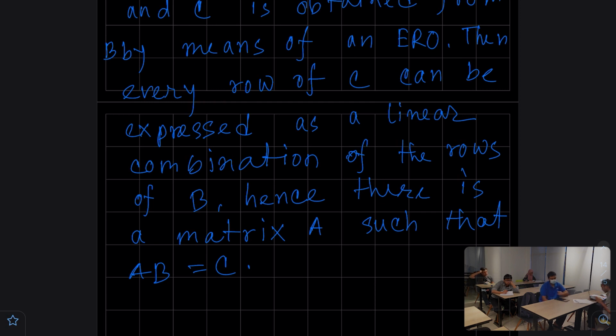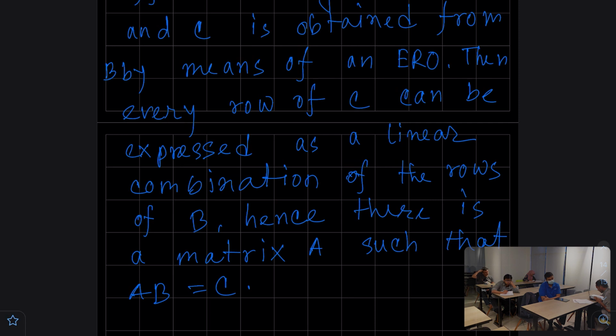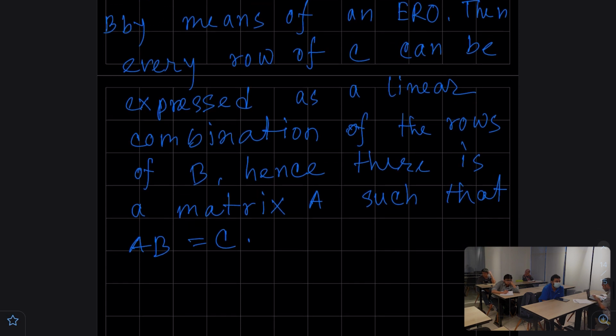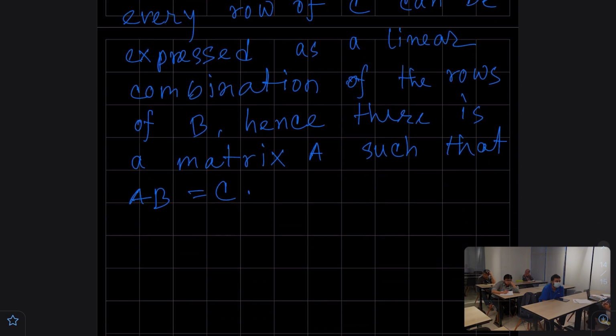So this is saying that if B is a given matrix and C is obtained from B by means of an elementary row operation, then every row of C, the matrix I obtained from B by applying the elementary row operation, can be expressed as a linear combination of the rows of B. Does it make sense why this is possible?